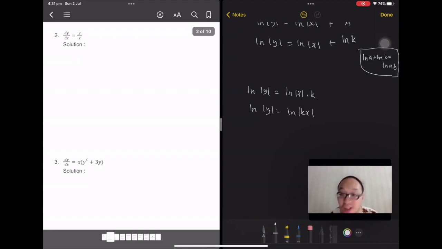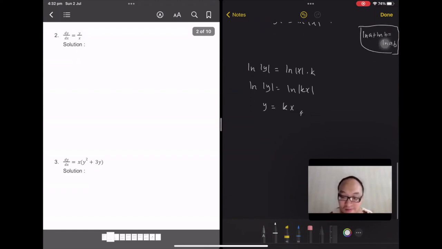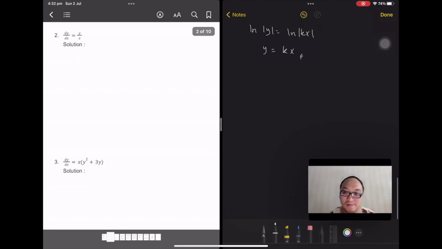And then we can ignore the ln. So y equals kx. This is the general solution. So in this case, we can see there are two methods to solve the equations.